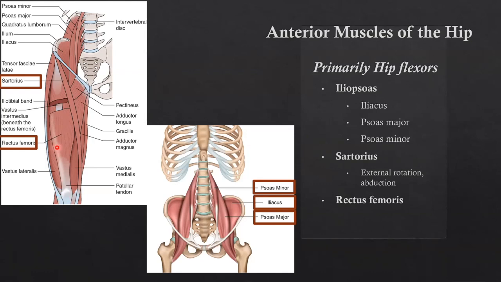The rectus femoris is one of the four muscles that make up the quadriceps group. However, this muscle is the only muscle in the quadriceps group that acts not only on the knee, but also on the hip as well.